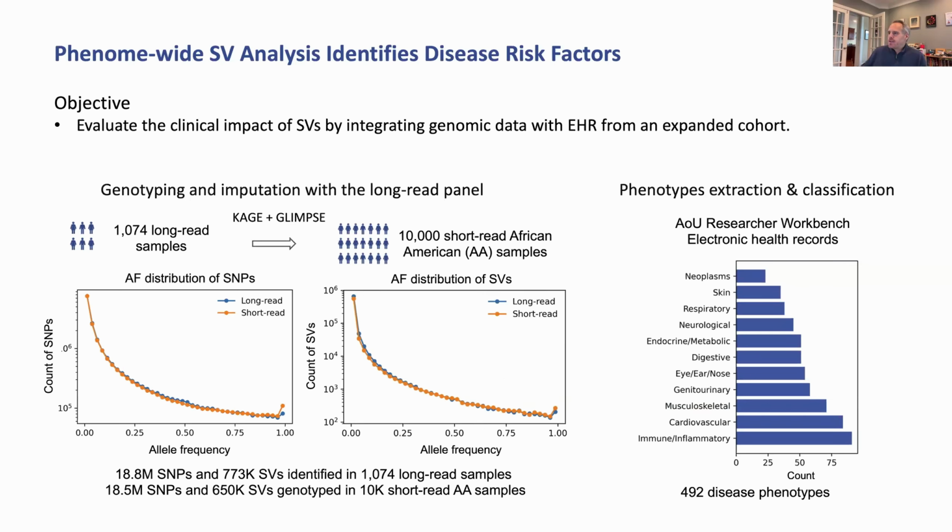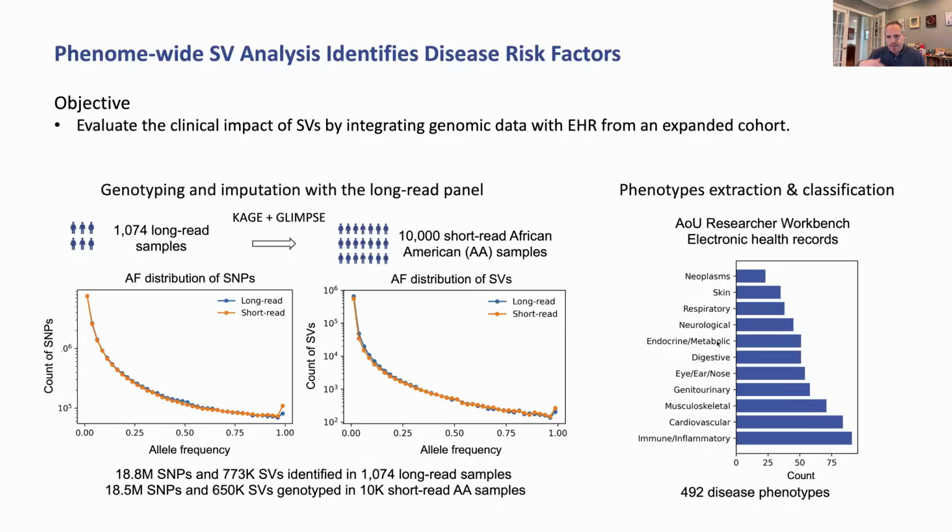And then through this data, now that we have access to 10,000 samples, we can ask which sorts of conditions are common in this population. And there's close to 500 different disease phenotypes, ranging from things like immune disorders, cardiovascular disorders, musculoskeletal disorders, and beyond.